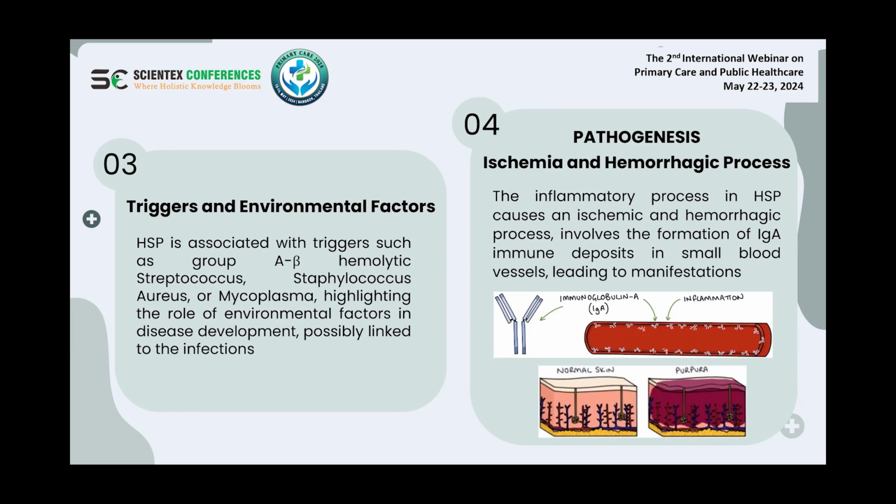In the kidney, it can cause nephritis. In the joint, it can cause arthritis symptoms, and in the GI tract, it can cause severe abdominal pain. So all of this process is apparent and relevant to the symptoms and clinical manifestation in this patient.